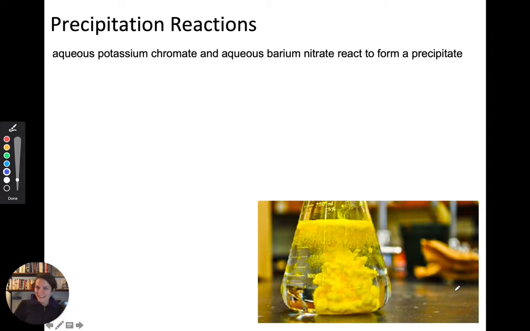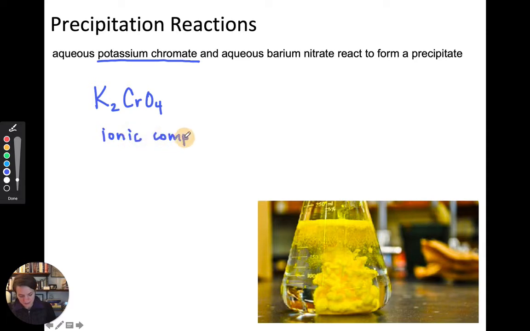So in order to get there, we have to take a step back and evaluate our reactants. When we look at potassium chromate, if we were to write that species, it would be K2CrO4. You should be able to recognize that that is an ionic compound. And that, in conjunction with the first lecture of this chapter, should indicate to you that it might be a strong electrolyte.